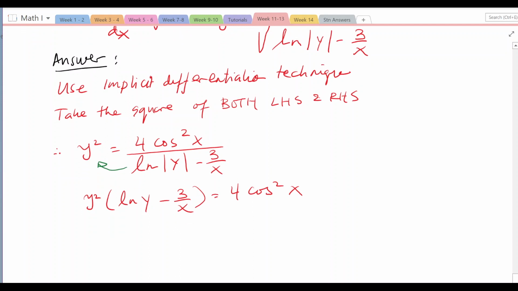So let's proceed with the multiplication on all the elements. So we have y square times ln y minus 3y square over x equals 4 cos square x.